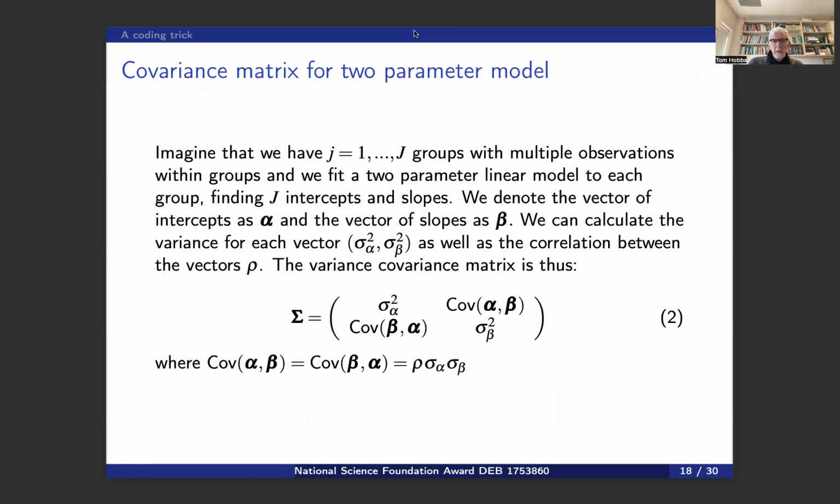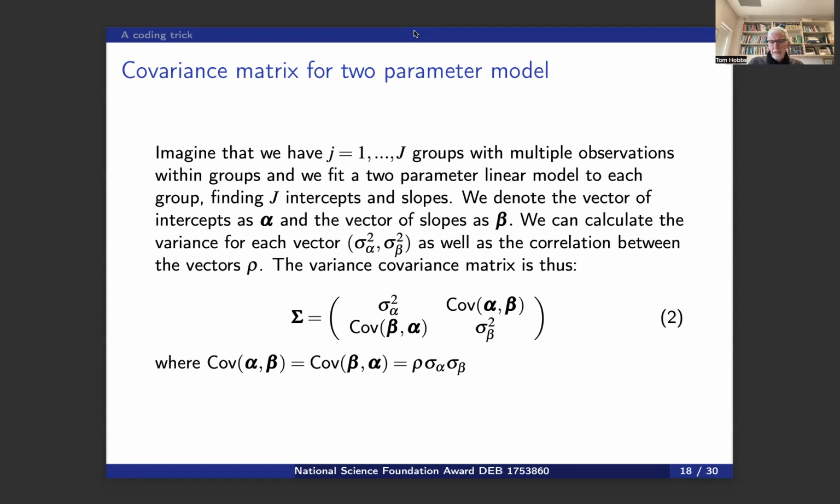So to illustrate here, let's imagine that we have capital J number of groups with multiple observations within groups, and we fit a 2-parameter linear model to each group, that is one with an intercept and a slope. So we find capital J intercepts and slopes, 1 for each of the J studies. We're going to denote the vector of intercepts as bold alpha and the vector of slopes as bold beta.